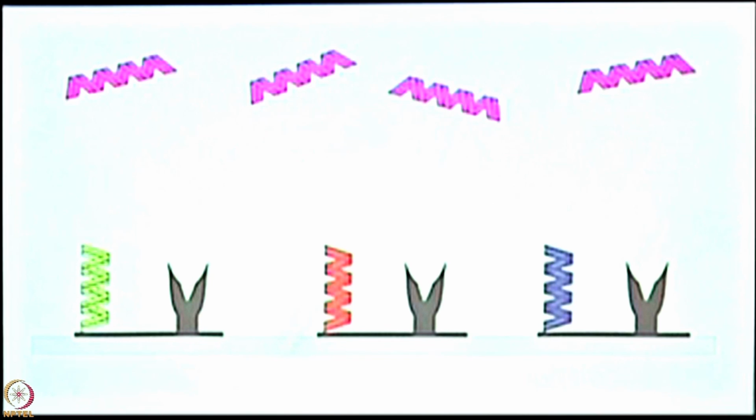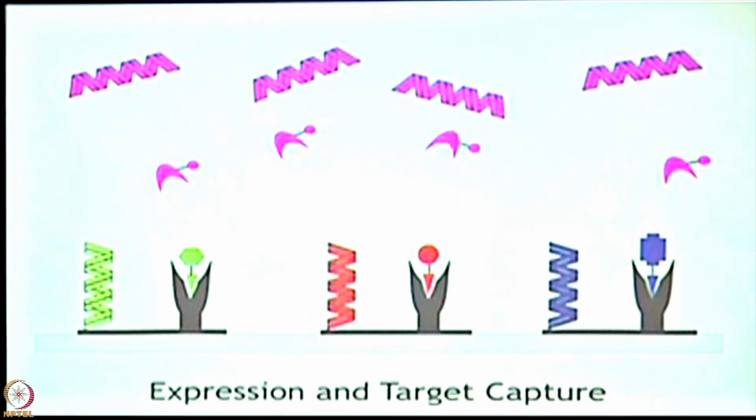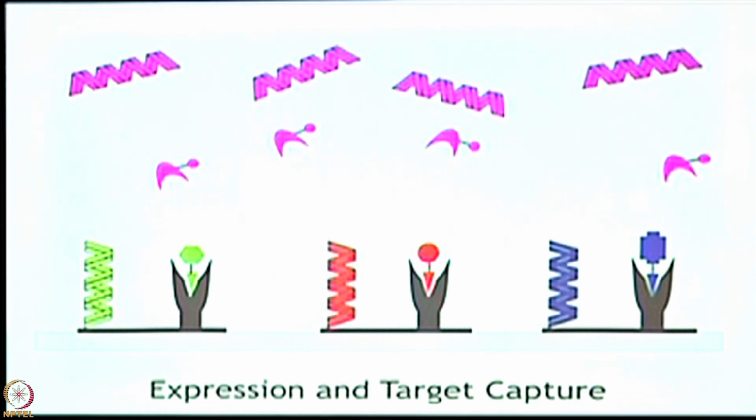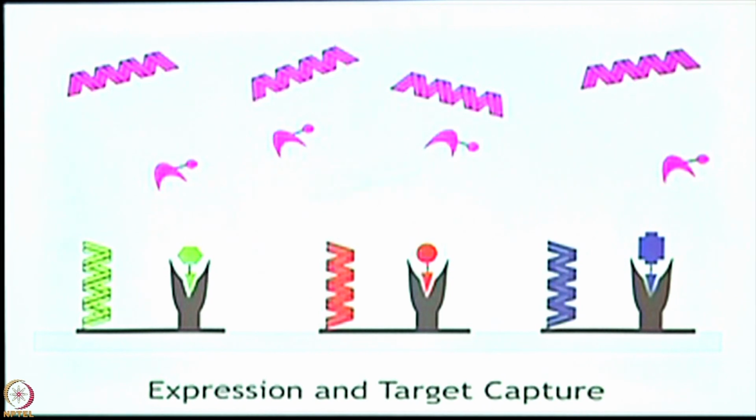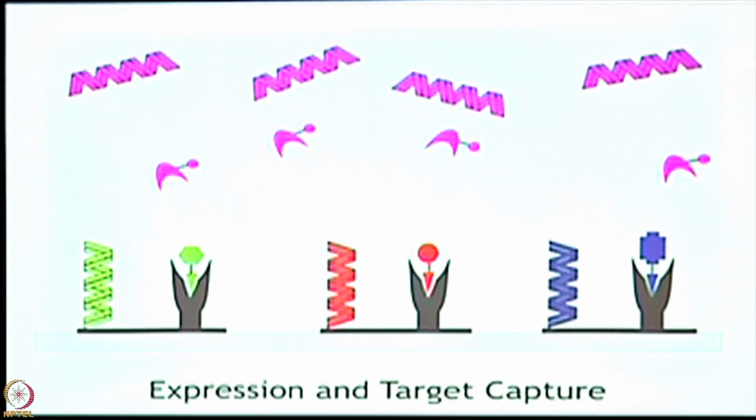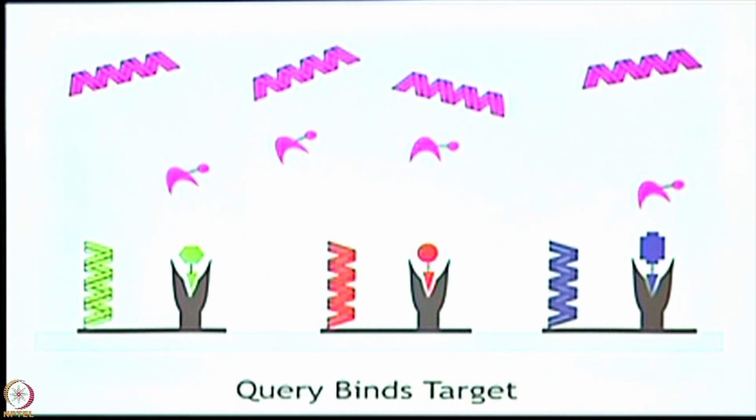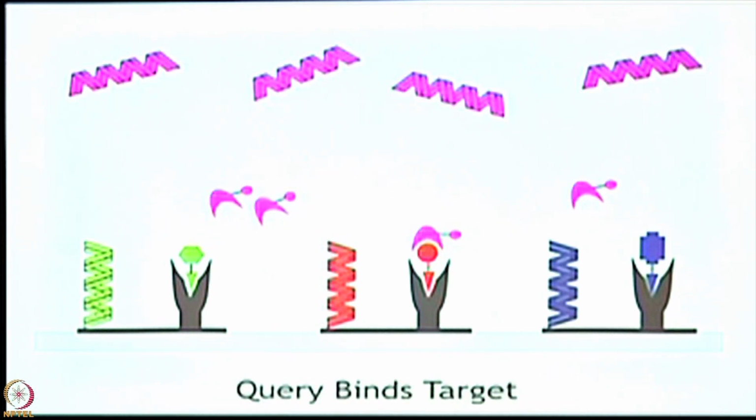We then express the protein, right? And these 3 proteins are going to get captured to the surface of the array because they have the GST tag. So that's going to lock them down to their spot. But this does not have a GST tag, so it's going to float everywhere across the array. And then over time, if you give it time, the query protein will bind to the target proteins if it recognizes them.